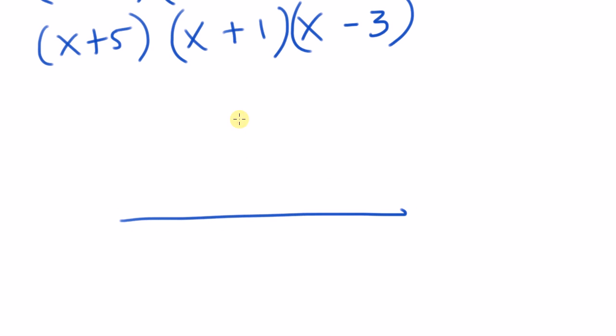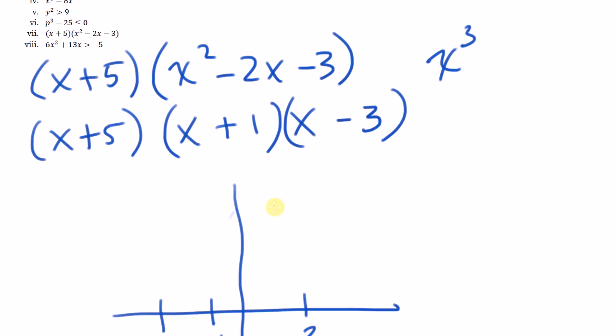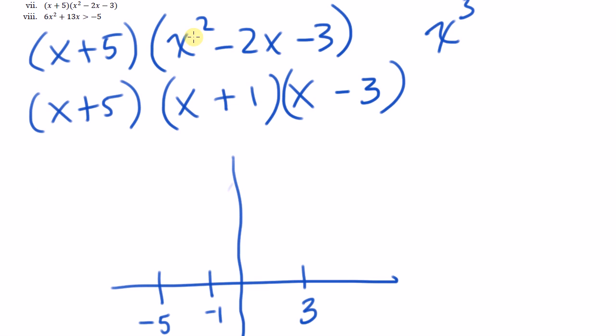So I'm going to graph this as x cubed. So we have a negative 5, negative 1, and a positive 3. And we have a y-intercept, what is it, negative 15.